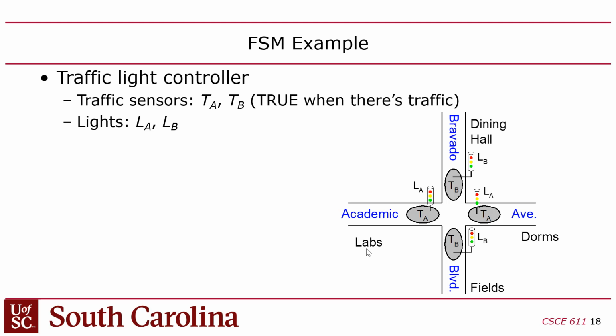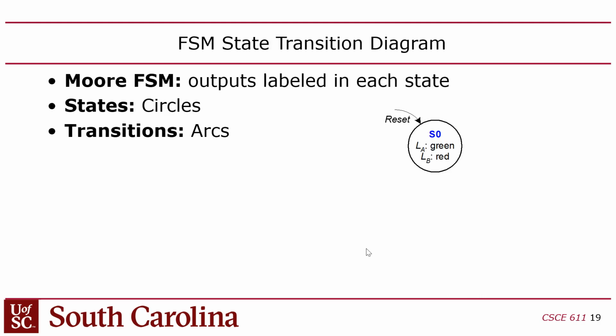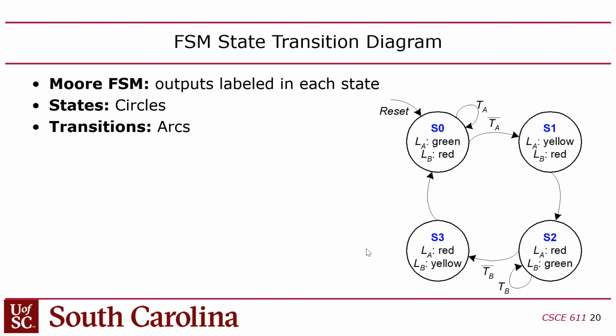So you define a state where the light at Academic is green and the light at Bravado is red. We're going to assign that to be our reset state, so when you reset the system, that's how it comes up by default initially. Then you create 3 more states that represent in total the 4 modes of the intersection.